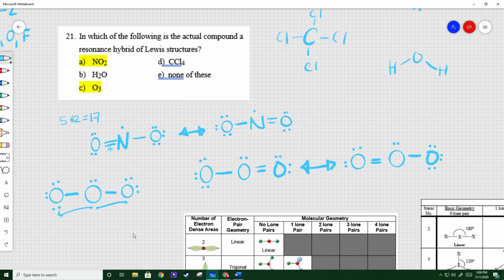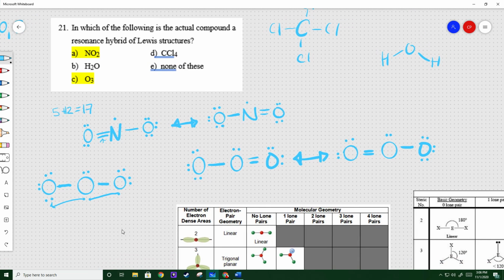So remember, formal charge and resonance structures are not necessarily tied together. You can use formal charge to see where the double bond actually goes.